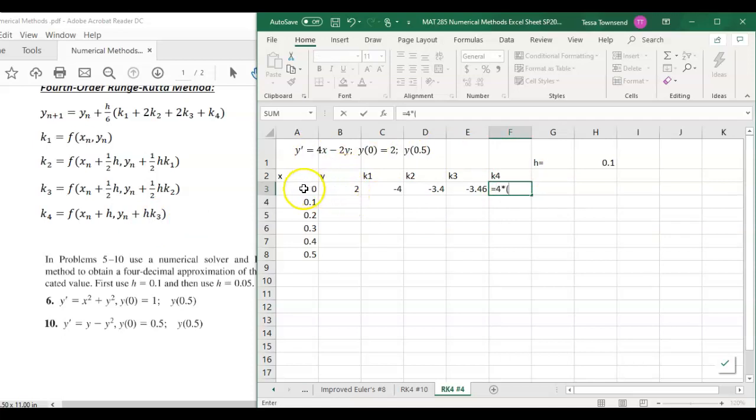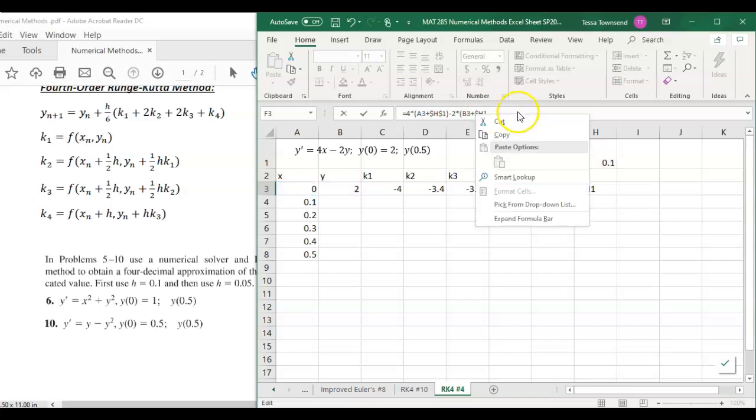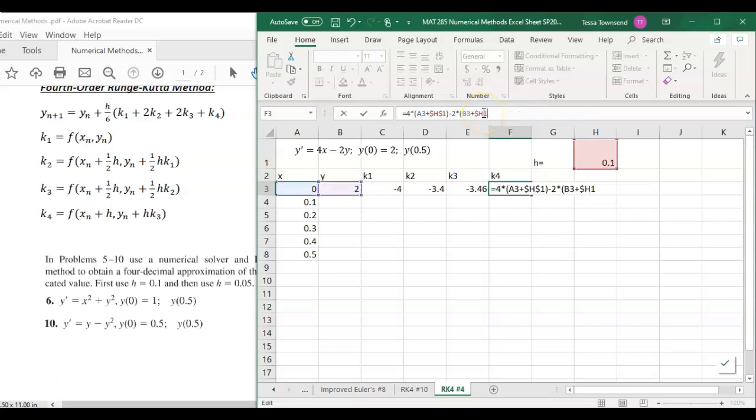Our x is this 0 plus the step size minus 2 times y, and our y is going to be the y sub n plus the step size times K3.